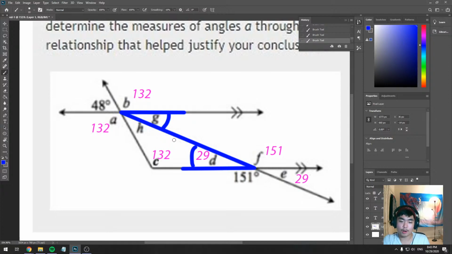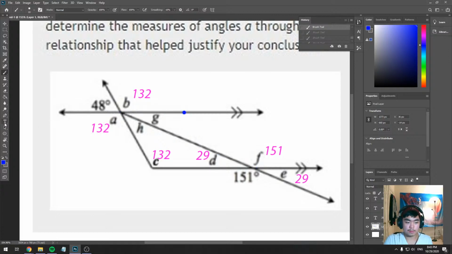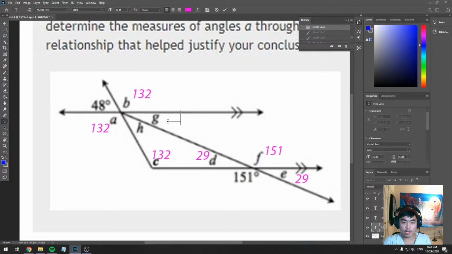So what does that mean? Well, remember, when you have a Z shape, this gives us an alternate interior angle pair. In other words, G is equal to D. So G is equal to D or E, right? Those are both 29. So G is 29.